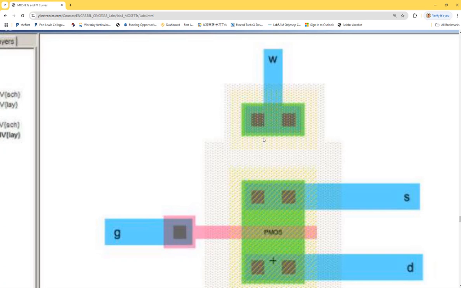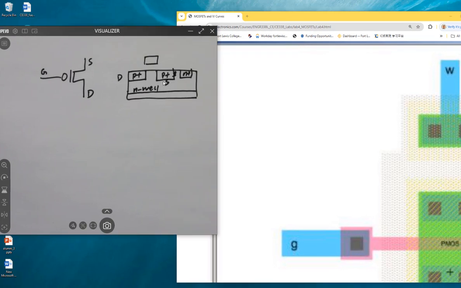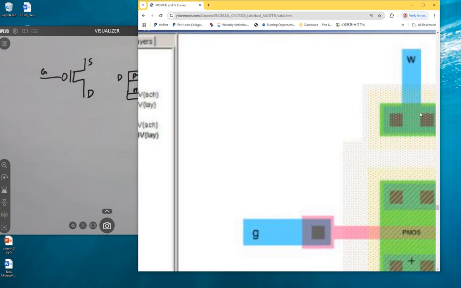So if you cut it through in the middle here, from the cross section it looks like this, because this N plus material and this PMOS are being put in the same N-well. Why? Because the dotted areas are overlapped. That's very important when we are doing the layout.